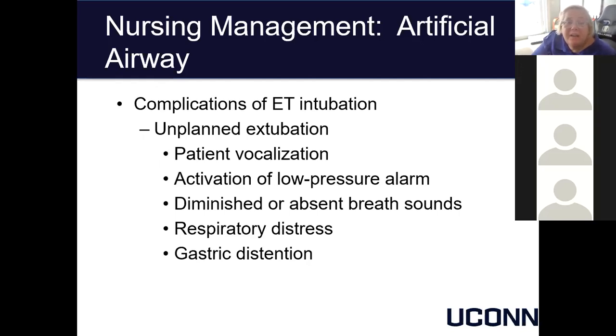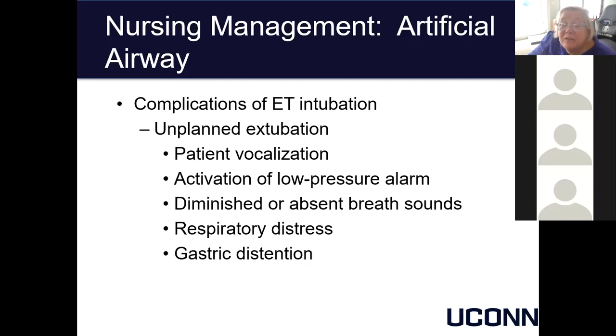What's a sign that a patient's ET tube is in trouble? Well, unplanned extubation. When a patient starts talking to you and they've got an artificial airway in, that's usually a sign that something's not right. A low pressure alarm. It is a lot easier to blow air into the surroundings than down a respiratory tract.